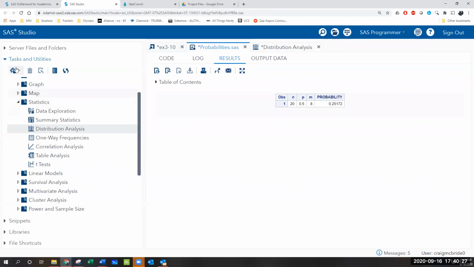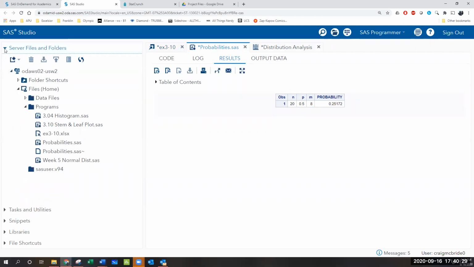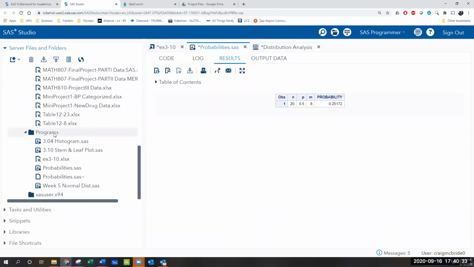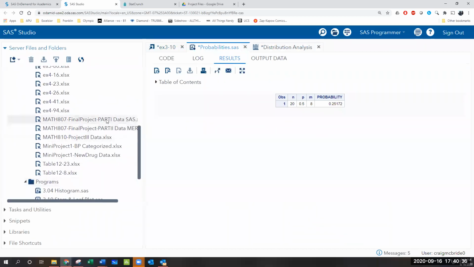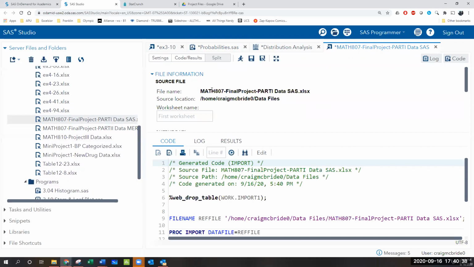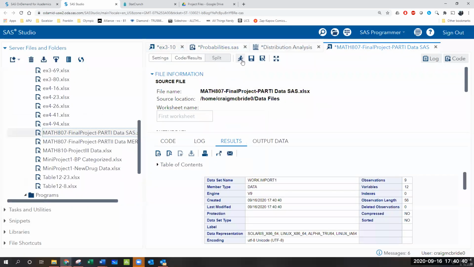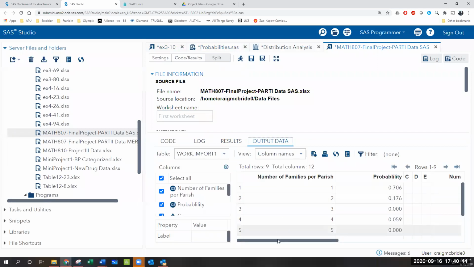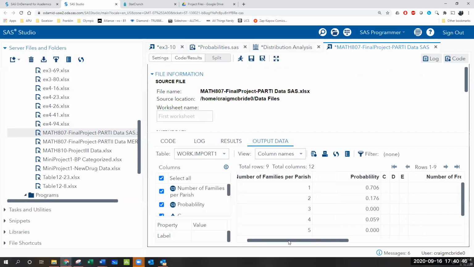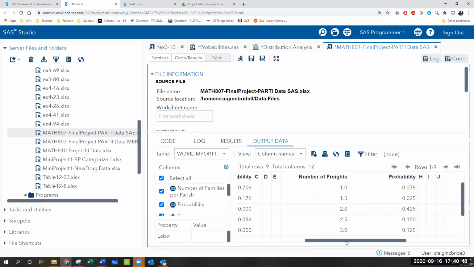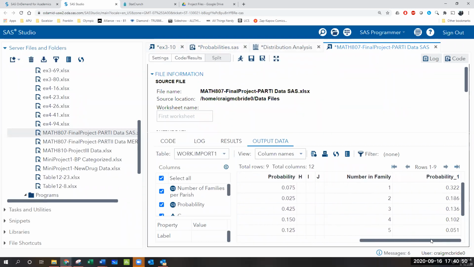So let me get my data in here. My data file, final project 1, part 1. Run that. So that's an import 1. You can see here's my data, number of families, and then probability, and so on.